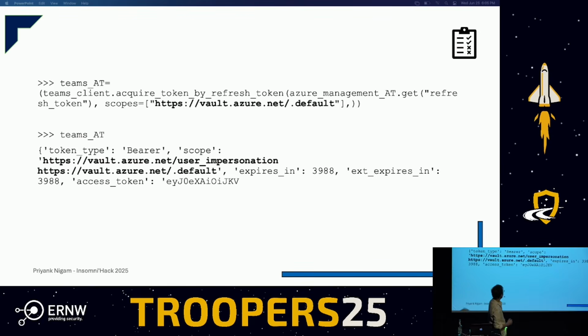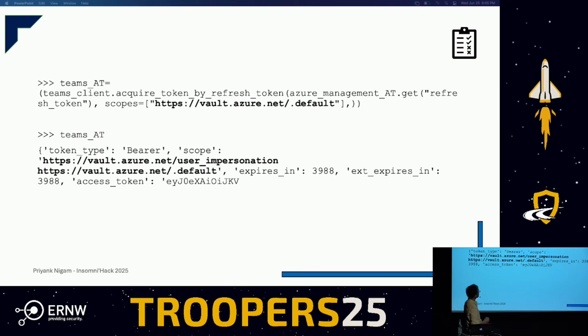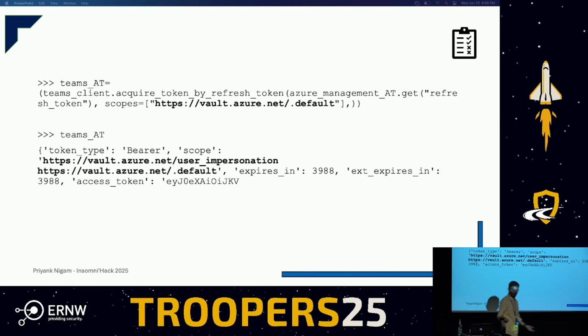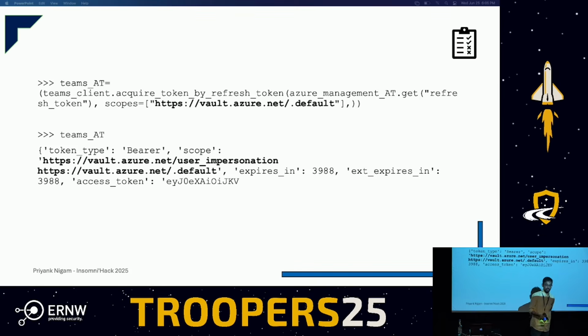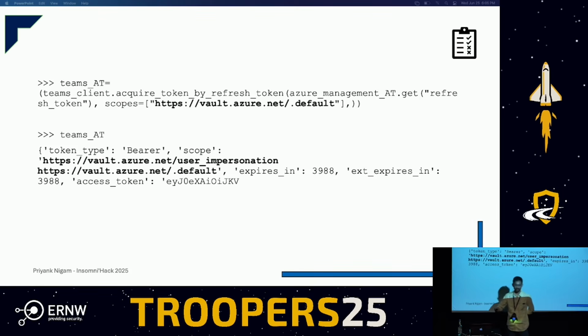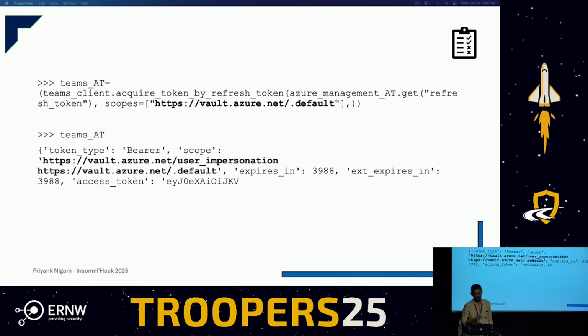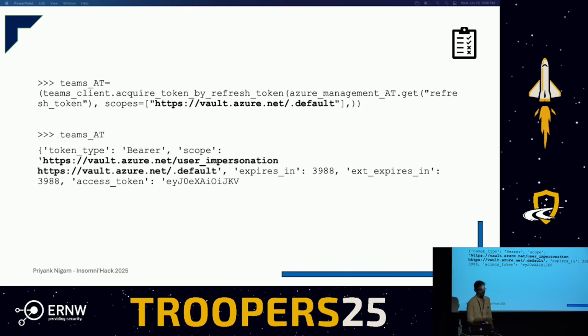This one is in Key Vault. You could go to storage accounts. You could try to get into the management plane for Azure. I think the scope is management.azure.com. So you have to try all these combinations. I'm pretty sure you'll get one of these. Every environment is different, so what works here might not work in yours. So always do that.